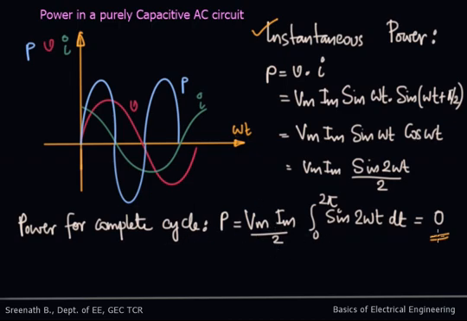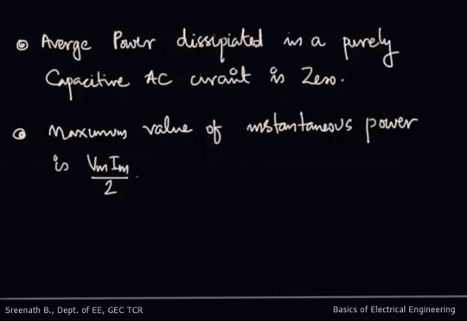So when you integrate it, you will be getting the value as 0. So for the complete cycle, here you have a positive power, and an equivalent value of negative power is here. So the resultant value will be 0, or the average power dissipated in a purely capacitive circuit will be 0. The maximum value of instantaneous power is again given by Vm Im by 2.